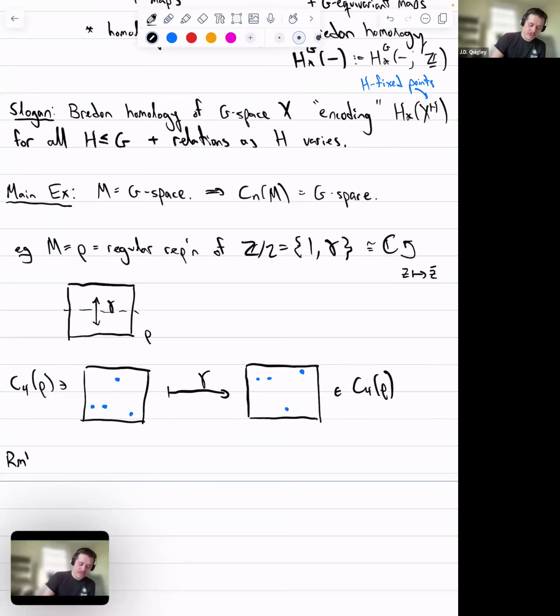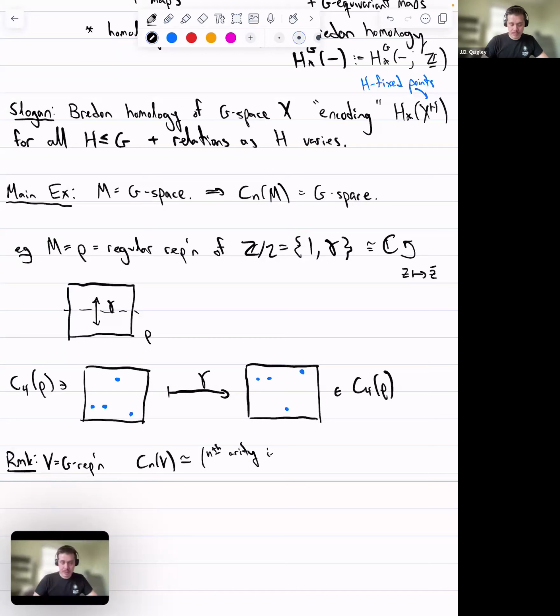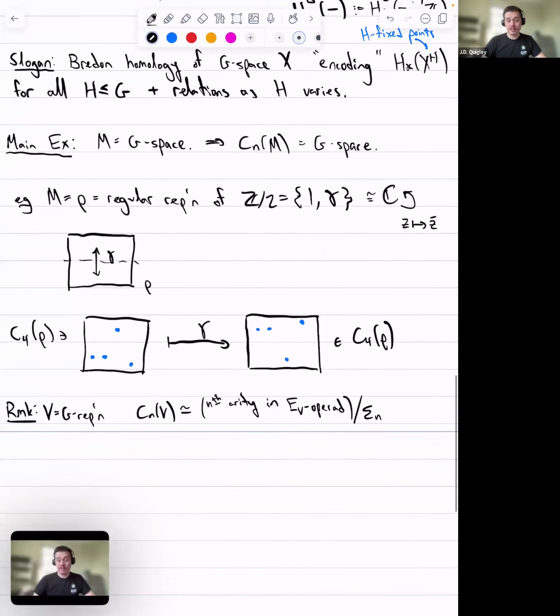So one remark I want to make right away is that these equivariant configuration spaces were already studied by other people. So if V is a G representation, then C_n(V) is, okay, now I'm missing a quotient. So it should be the nth arity in what's called an E_V operad, some operad encoding some equivariant multiplication, mod sigma_n.